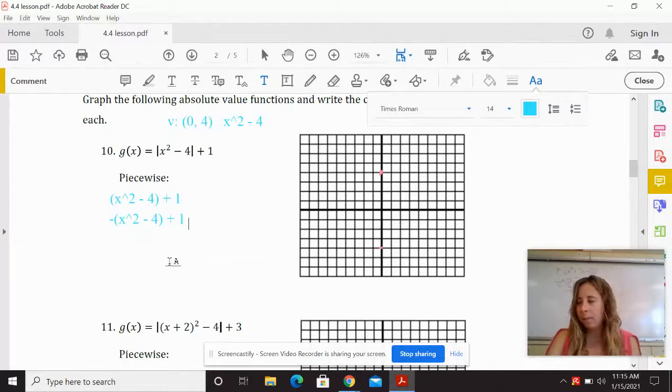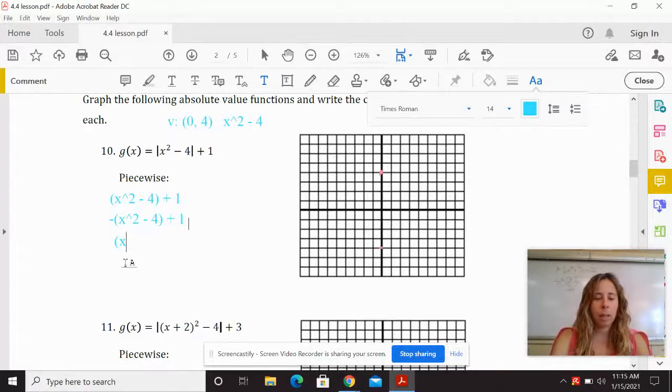And then finally, the last piece is the same. If you were to graph this quadratic, it would be the same. I don't know if we did that. Oh, no, we did that. That was the first problem. X squared minus 4 plus 1. Once again, you could reduce this down to x squared minus 3.